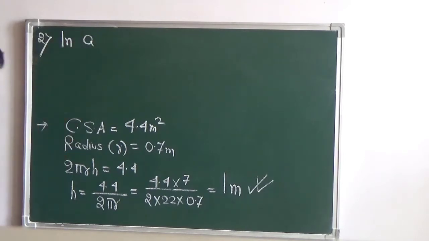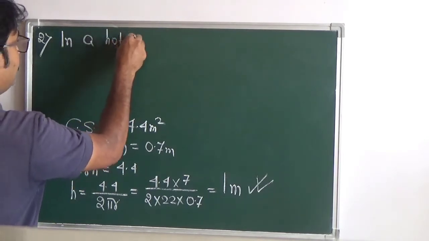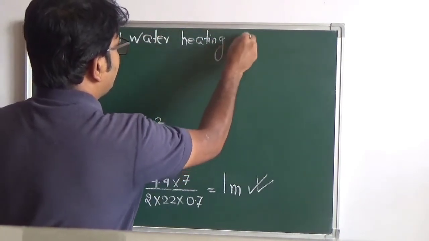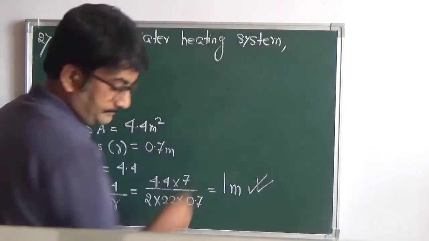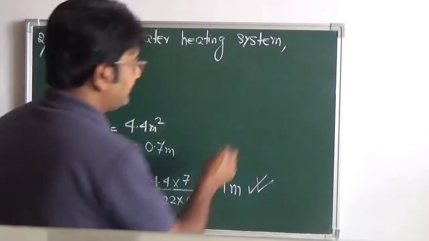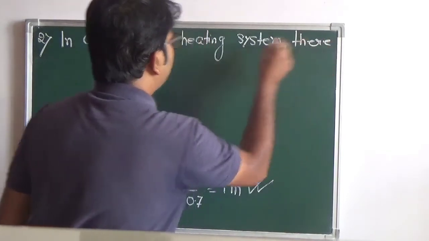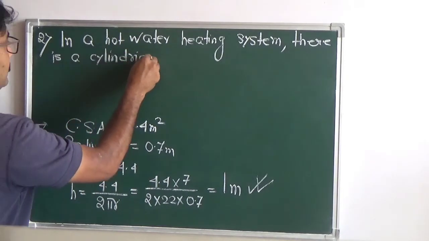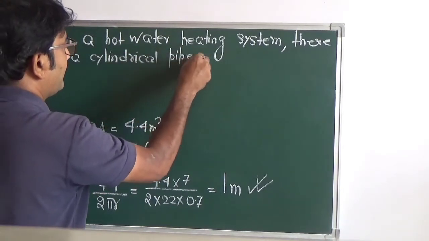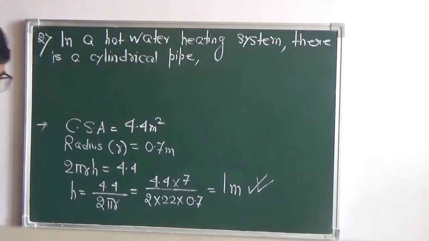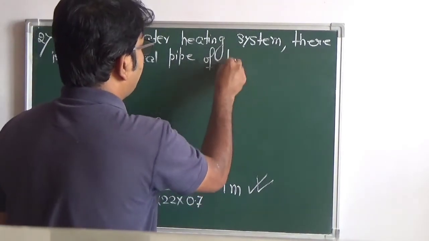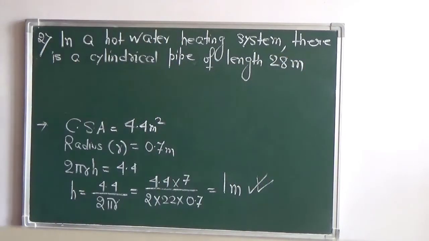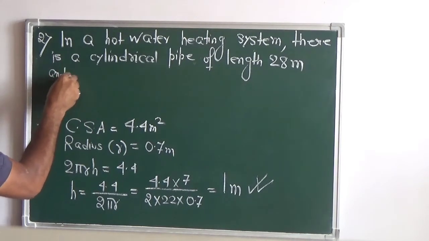In a hot water heating system, there is a cylindrical pipe of length 28 meter and diameter 5 centimeter.